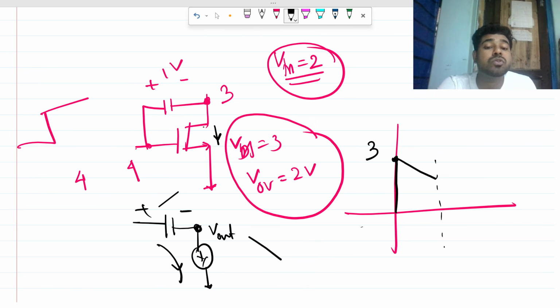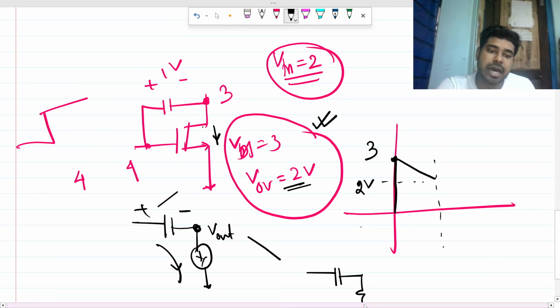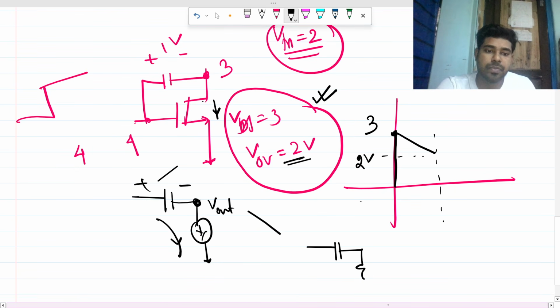So at which point will it go into the triode region having these specifications? So your V overdrive is 2 volt, correct? So up to 2 volt it will be in the saturation, okay? But after that it will again become linear region, then it will act as R1 here, and again it will discharge exponentially, okay?